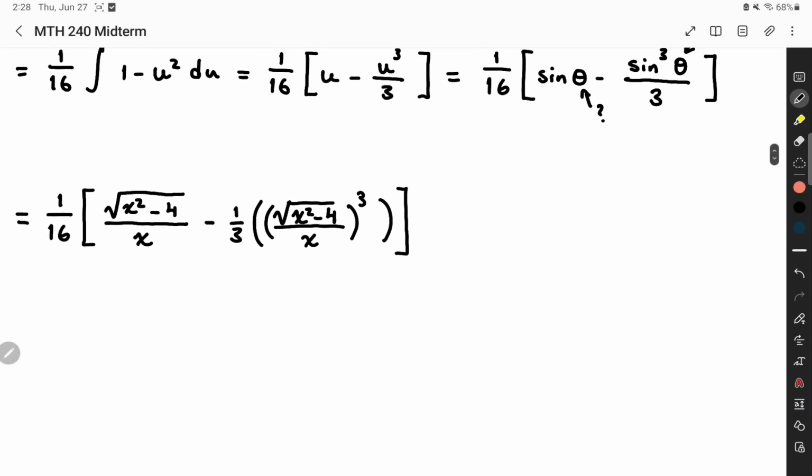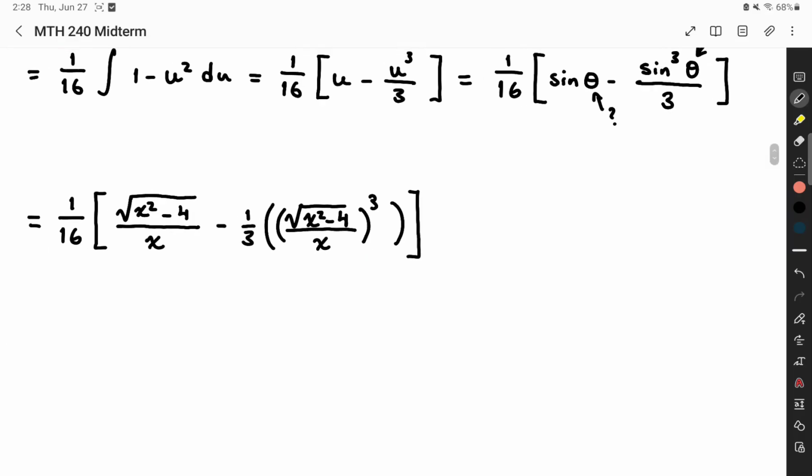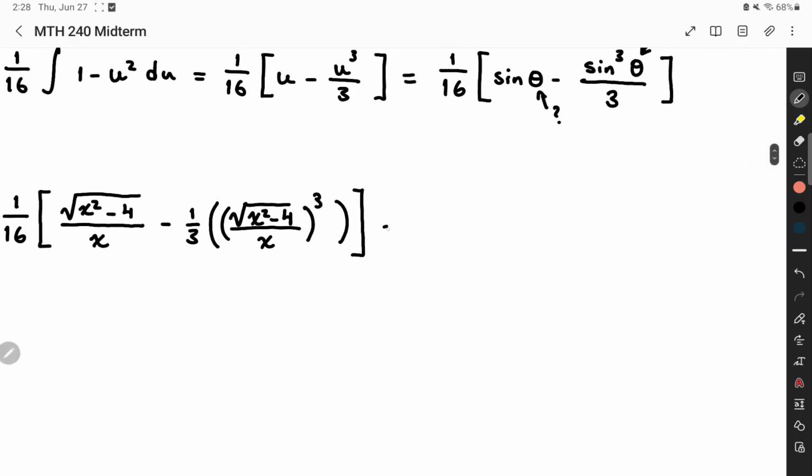And so we can go ahead and simplify this a little by actually, the first thing we would actually want to do is that 1 over 16.